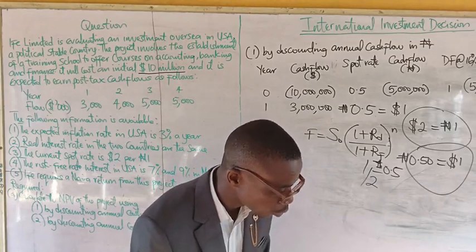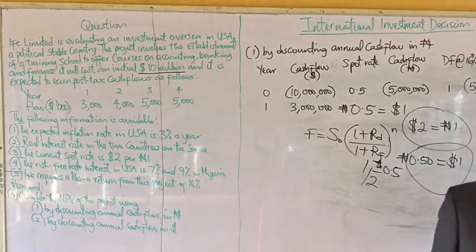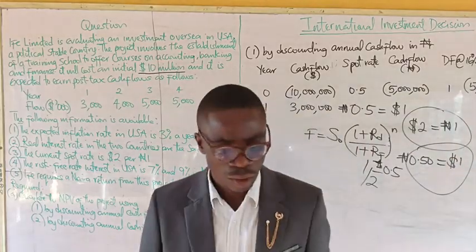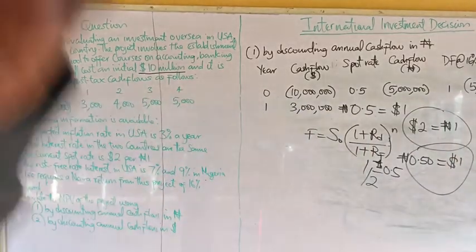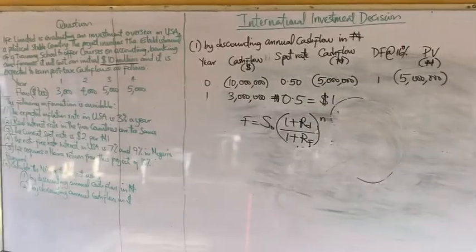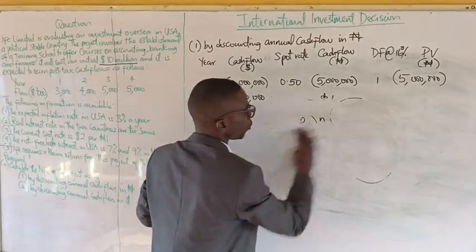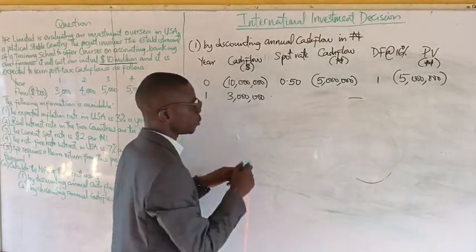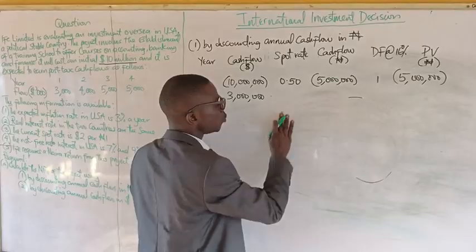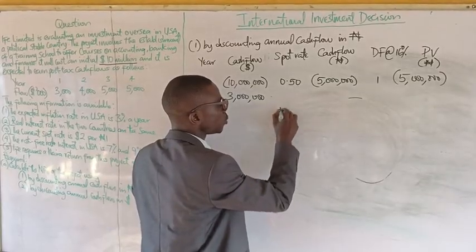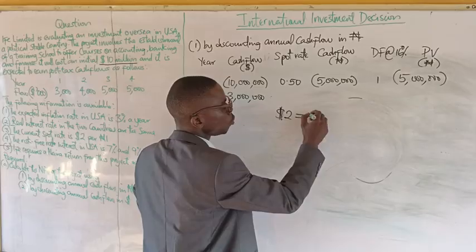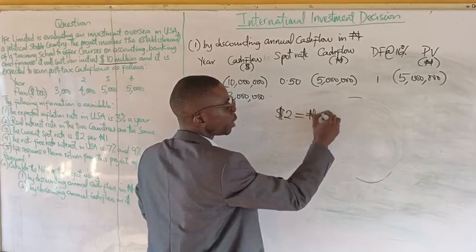Just follow me. Now, what is the exchange rate in the question? It is $2 is equivalent to 1 naira.